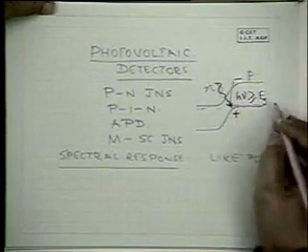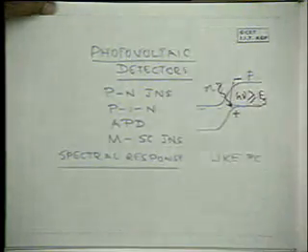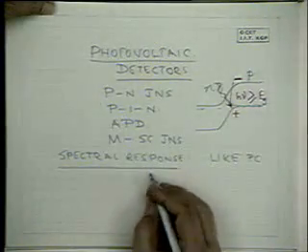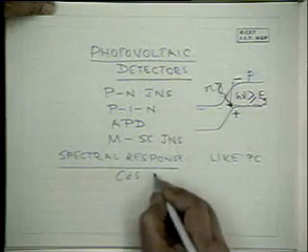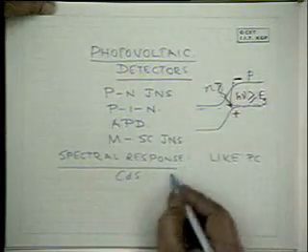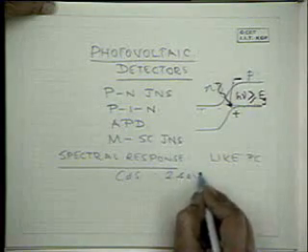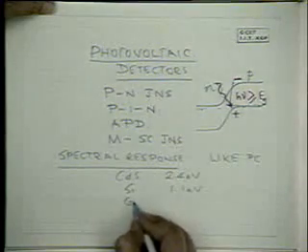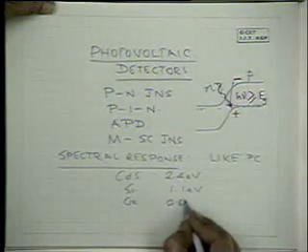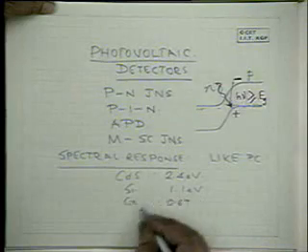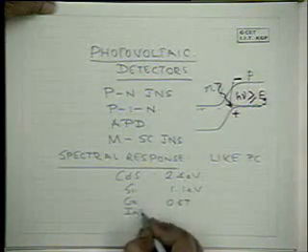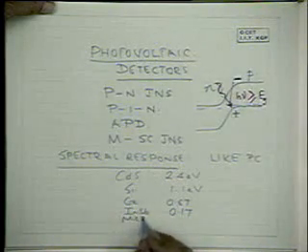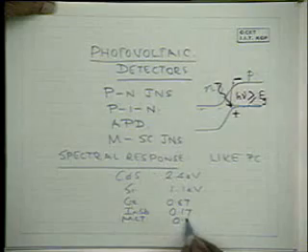And Eg can vary, for example, for wide band gap semiconductors such as cadmium sulfide, Eg will be of the order of 2.4 eV, silicon 1.1 eV, germanium 0.67, and important detectors are things like indium antimonide, mercury cadmium telluride, about 0.12 eV.